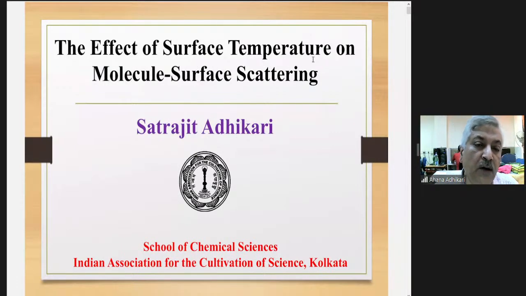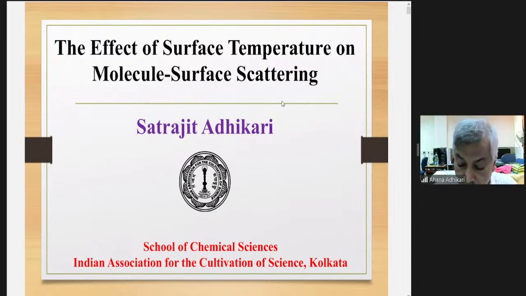So let us see the effect of surface temperature on molecule-surface scattering. The molecule is scattered from the surface. It can be physisorbed, that means loosely bound to the surface, or chemisorbed, that means dissociated on the surface, or it can scatter back.